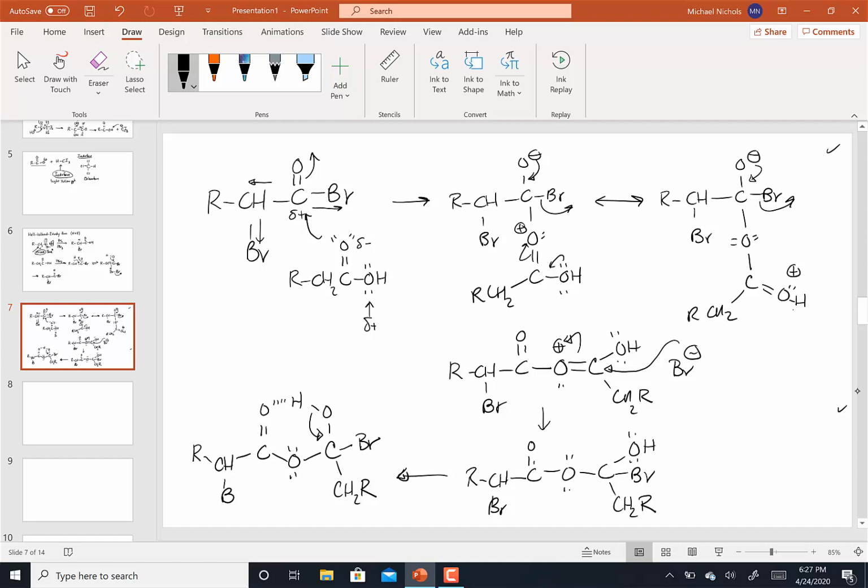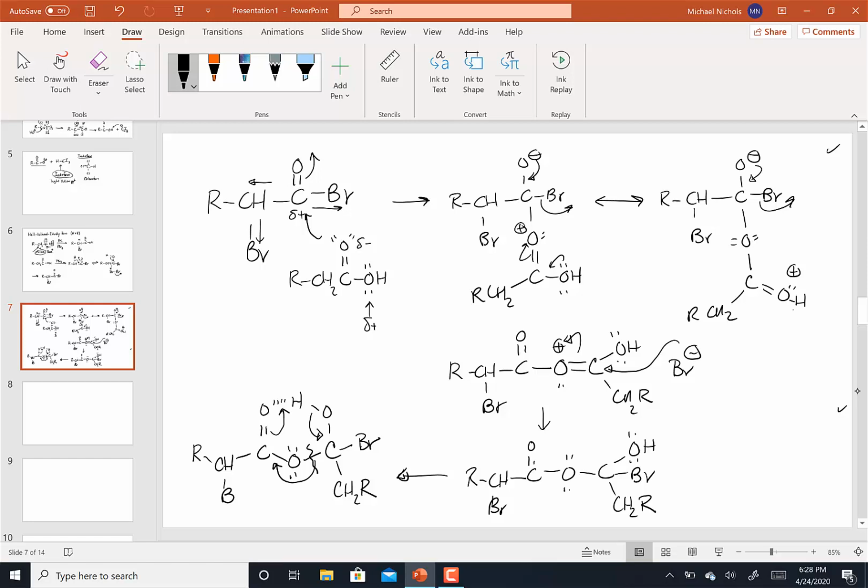I am then going to break this carbon-oxygen bond and move that pair of electrons there. And then I'm going to use this pair of electrons from the carbonyl to bond that hydrogen. So in this six-membered transition state, what I'm going to end up doing is cleaving this bond.